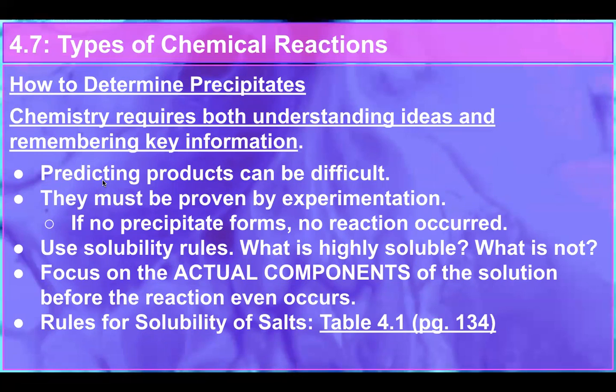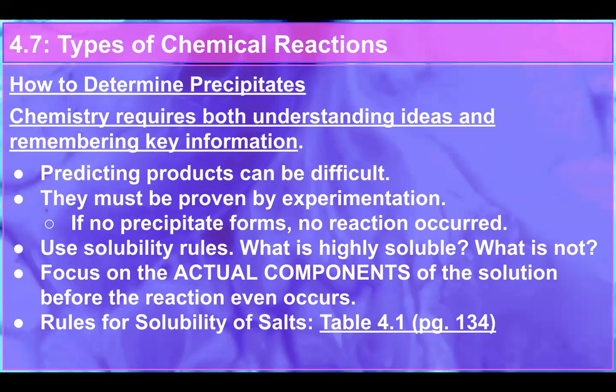This whole year, we are striving to understand ideas and memorize things. So this is no different, okay? Knowing a little bit about the electronegativity differences is going to help us to figure out what type of bonds we have and how attracted two ions would be to each other.